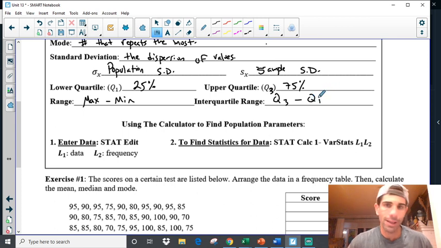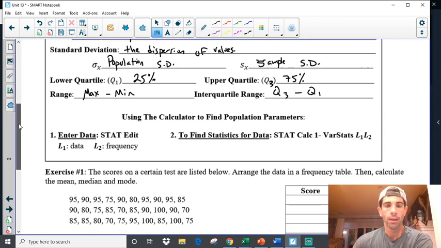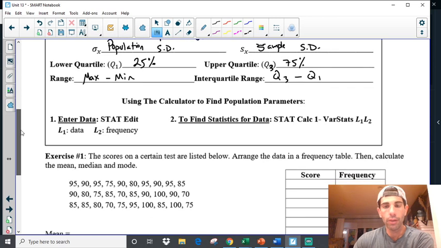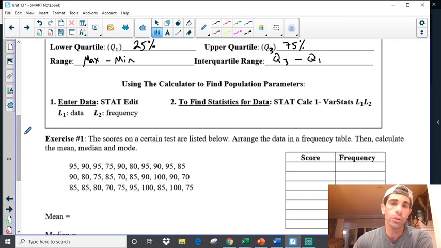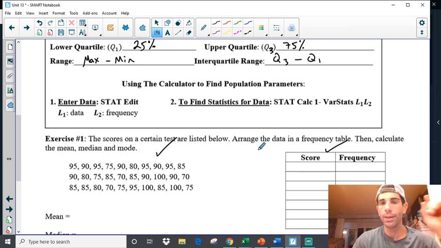Some of you might be saying, we've done this before, and you've done this in your algebra class when you went through statistics very briefly. Now using your calculator, you can actually do it. There are two ways that you're going to be given the data. Either way, you're going to be doing the same thing, but I didn't take my calculator out for this because how you do it depends on which calculator you have.